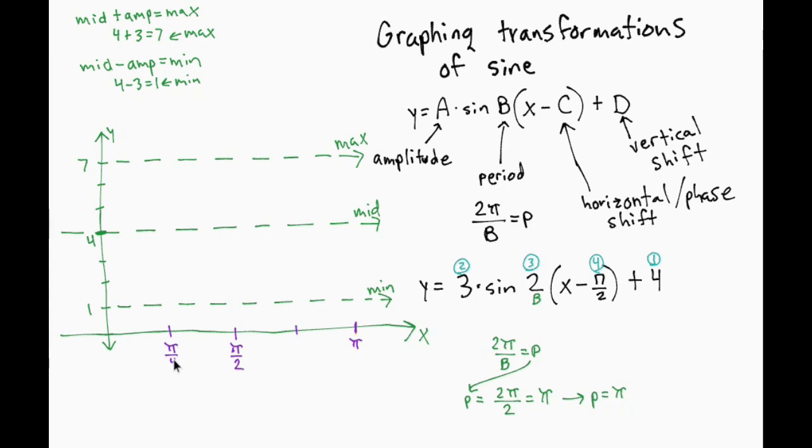So we have pi over 4, pi over 2, and 3 pi over 4. Let's also go ahead and add a tick mark for negative pi over 4.